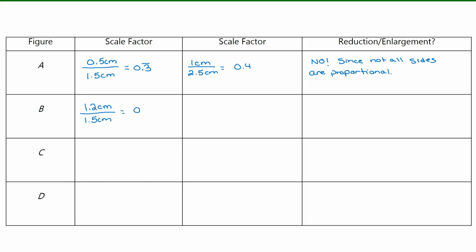Dividing that gives me 0.8. Taking the other two corresponding sides, I get 2 centimeters divided by 2.5 centimeters, which is also 0.8. So here we do have a proportional diagram.